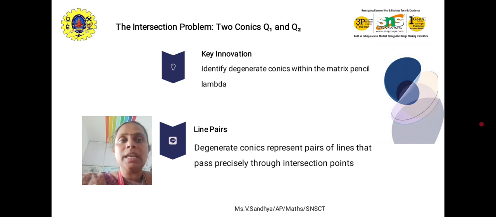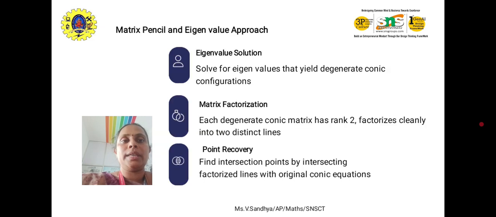The key innovation is generating conics with the matrix pencil, that is, lambda. Here we want line pairs. First consider a pair of points, a comma b. Generating the conic representation, pairs of lines that pass through the intersection points.